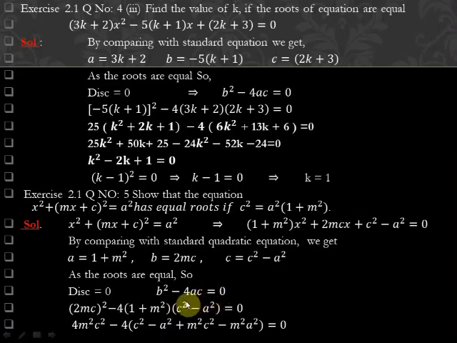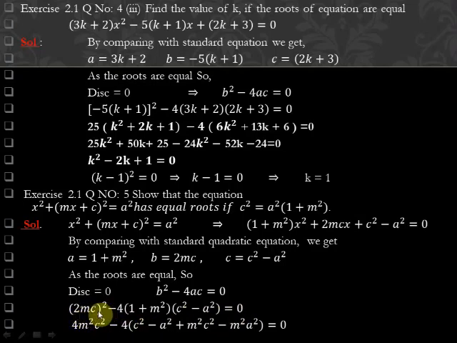Now substituting the values of a, b and c, we get (2mc)² − 4(1 + m²)(c² − a²) = 0.